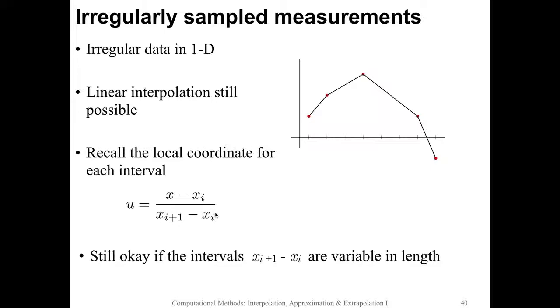It doesn't matter if they are different for different data points. We can still evaluate this local coordinate u, and so we can carry out linear interpolation fairly easily. In terms of the cubic interpolation, then Catmull-Rom will still work, whereas with variable spacings, de Boor interpolation no longer works.